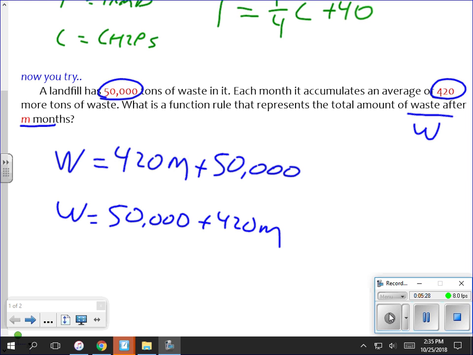As long as it's not subtraction, you can put them in any order you want. If it's subtraction, order matters. Not subtraction, any order you want. Okay, 2 plus 3 and 3 plus 2 are the same thing. 2 minus 3 and 3 minus 2 are not the same thing. Subtraction, order matters. Addition, it doesn't. So either one of these would have been fine. They're essentially the same thing.